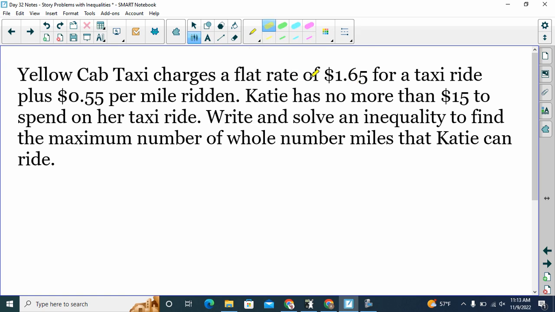So it is $1.65 for a taxi ride plus 55 cents per mile. Katie has no more than $15 to spend. Again, I'm going to start with words, and then we're going to transfer that into an algebraic expression.